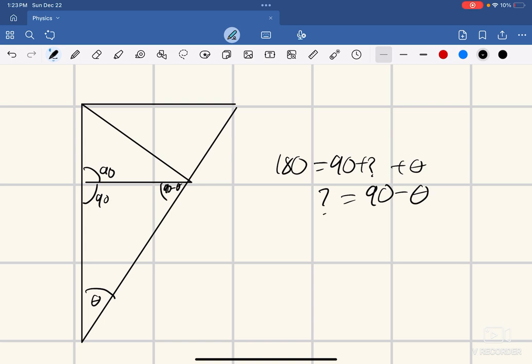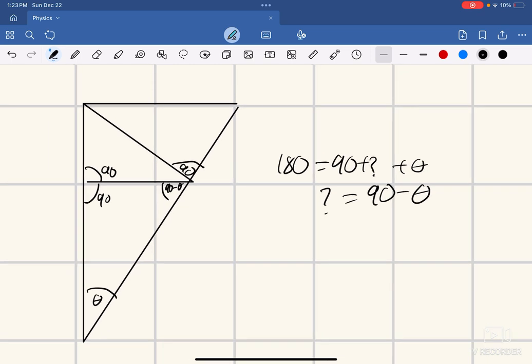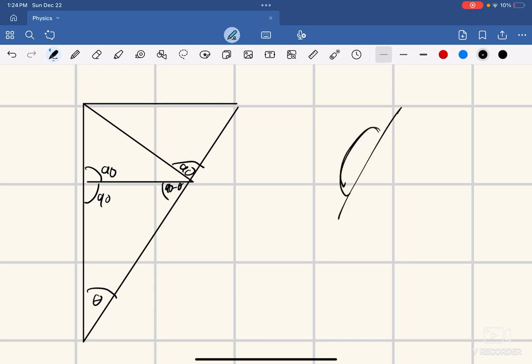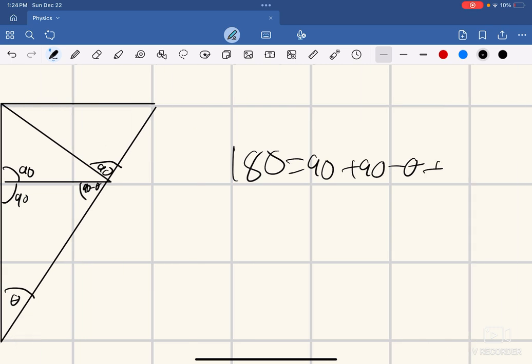What we know about this is that this is also 90, because this is a straight line. So if this is 90 and this is 90 minus theta, and we know that the angle of a line is 180 degrees, we can do the same thing: 180 is equal to 90 plus 90 minus theta plus something right here.